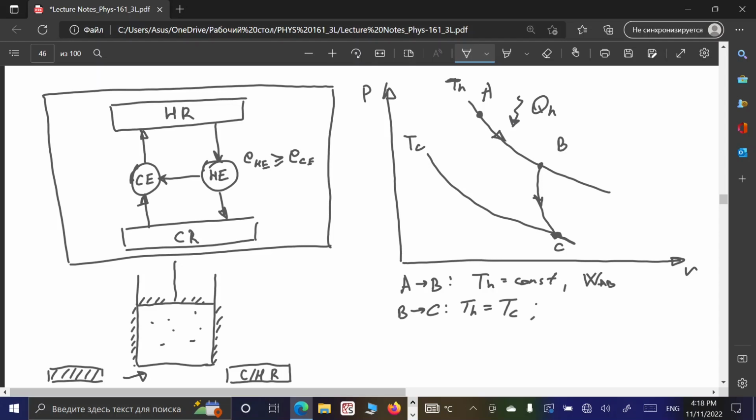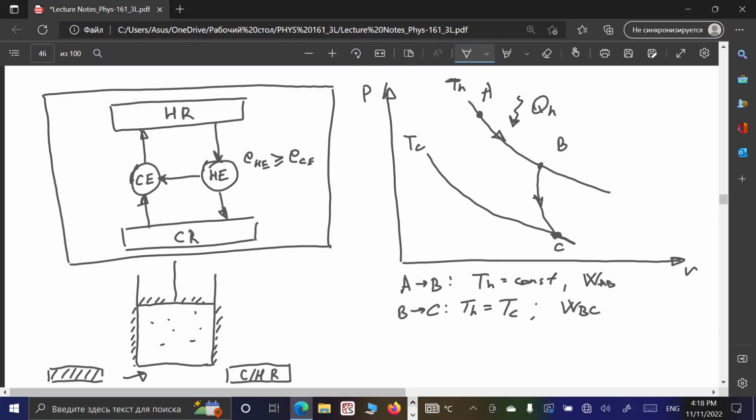And because we don't have any external source of heat now, because of the reduction in internal energy, this gas performs work by increasing volume and moving this piston further up. So that's why we also have work done by the system during process BC.